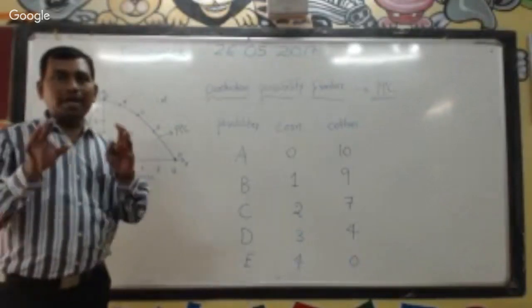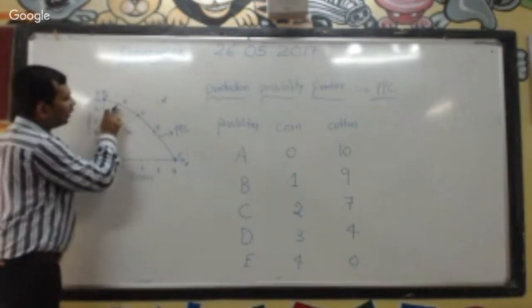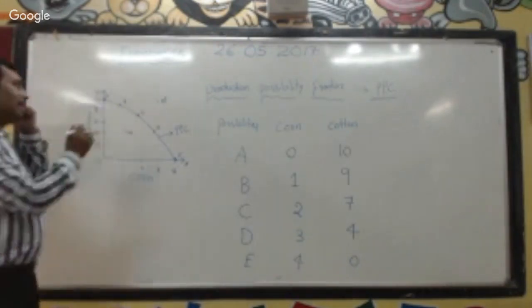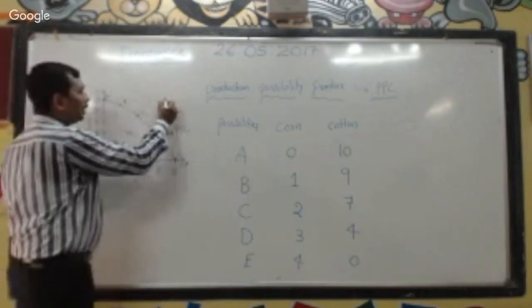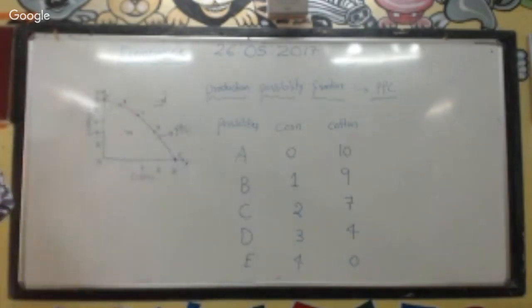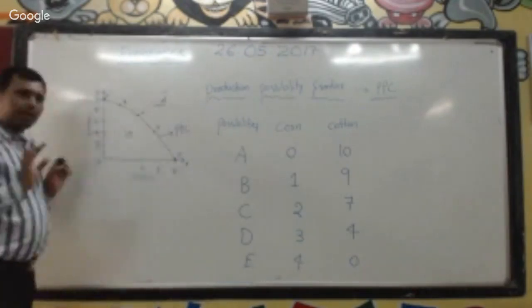If you are not utilizing your entire resources, you may get inside the PPC curve, like M. And with our available resources, it is not possible to reach point N. Here point M and point N are not possible.